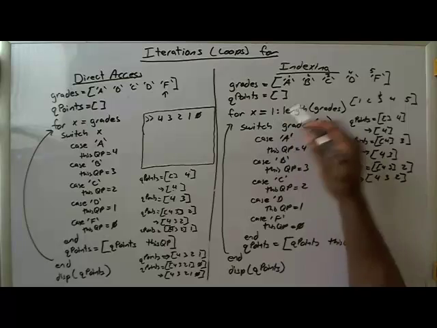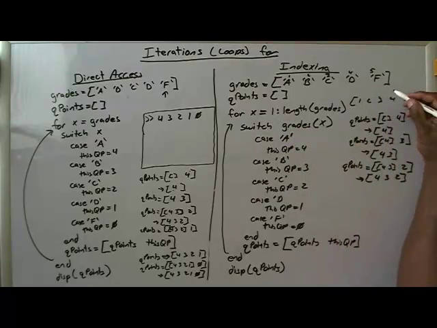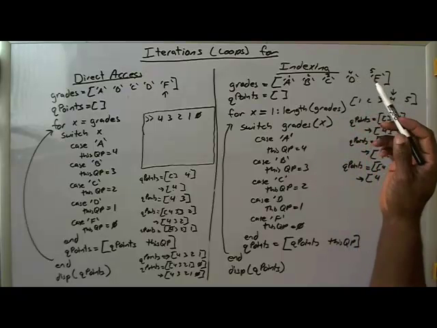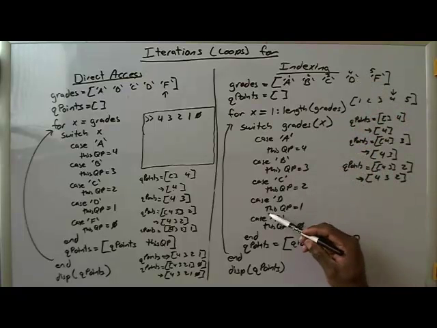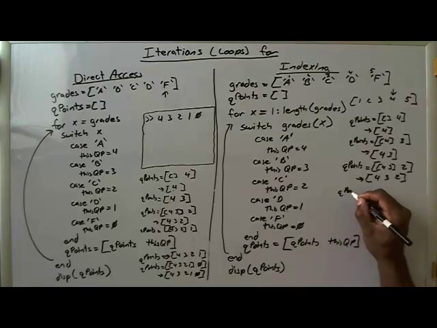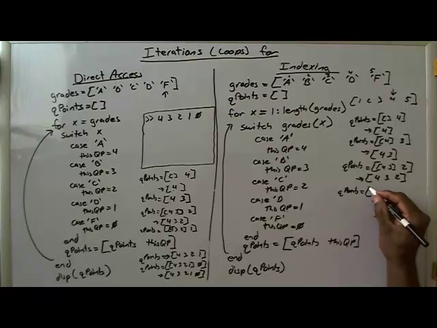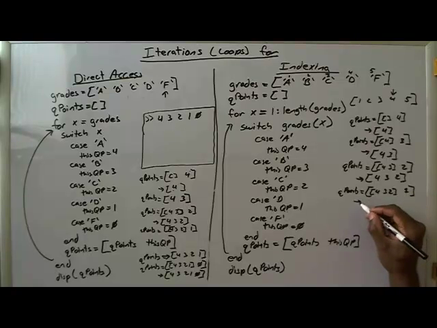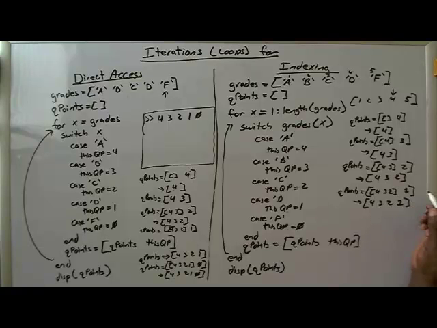Go back up here to the top, x is now equal to 4. I index grades at 4, that's D, and so the case is that this QP is now equal to 1. So I do my concatenation here, Q points equals the old value of Q points, which is 4, 3, 2, concatenated with the value of this QP, which we just determined is now 1. So now Q points is the vector 4, 3, 2, 1.